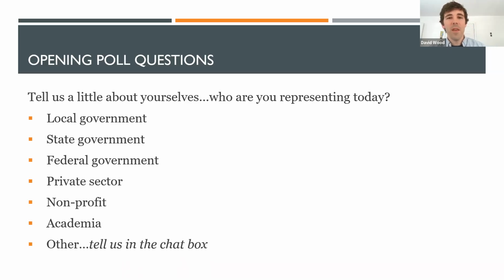And then our second question today, since we're going to be talking about monitoring programs, and in particular the performance of different stormwater BMPs, I just wanted to get a sense of what pollutants you're most interested in monitoring for. So obviously in the Chesapeake Bay, there's a lot of concern for nitrogen, phosphorus, as well as sediment.